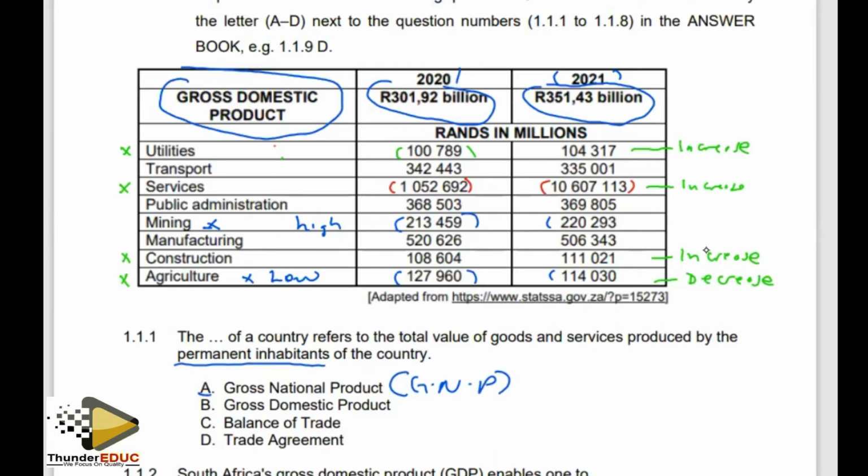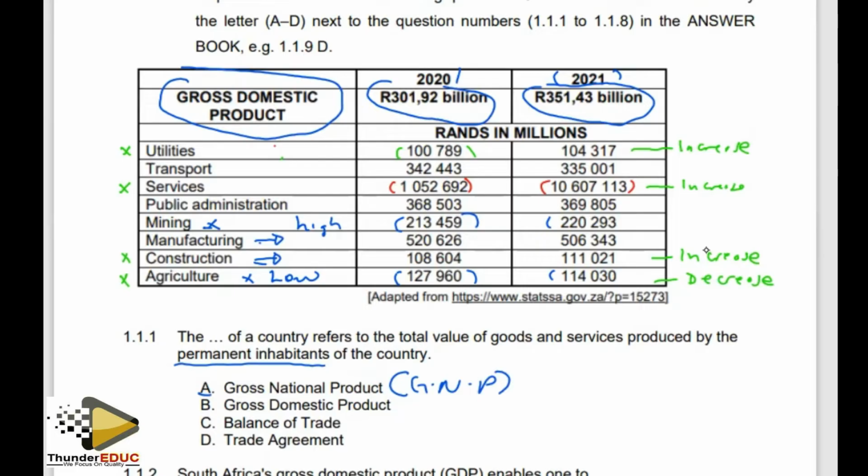So this is our construction here with these arrows. You can see manufacturing is already in the 500,000s. It's 520,626. Then construction is 108,604.